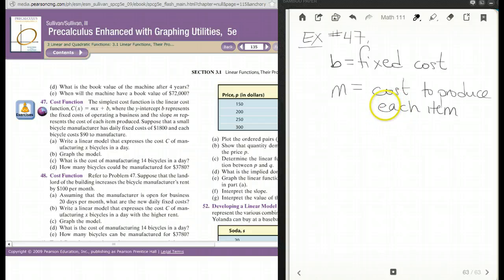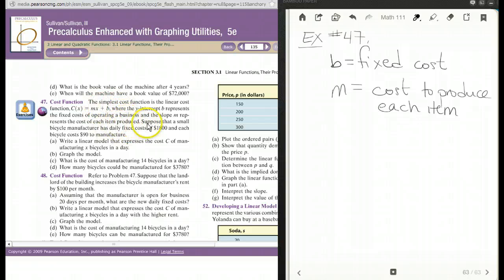If I'm going to produce 300 items, I have to think about how much material I need to make those items, how many people I have to employ to produce those items, and how much I'm going to spend on packaging or shipping or transportation. Those are things that depend upon how many items I'm actually going to be producing. Okay, so we've now isolated what m and what b are in terms of their meaning for this problem.